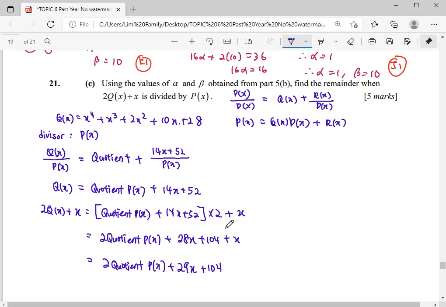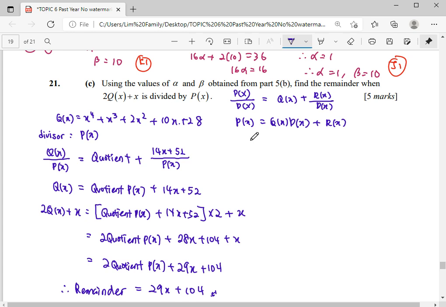You can see clearly we still have the same divisor when this 2qx plus x is divided by this px. Of course the quotient will be different compared with the original polynomial. And then our remainder is this part, so we can read out that our remainder is 29x plus 104.